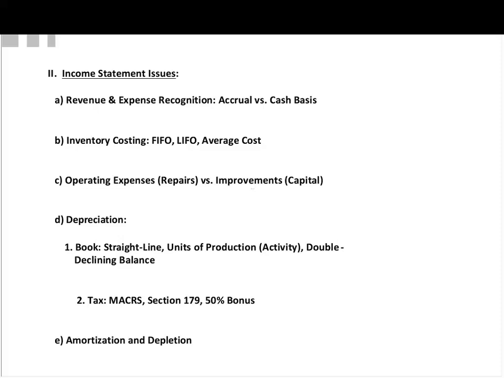Now, there's a third area of depreciation, potentially, in the tax code from a tax standpoint. And of course, all of these can impact your net income.